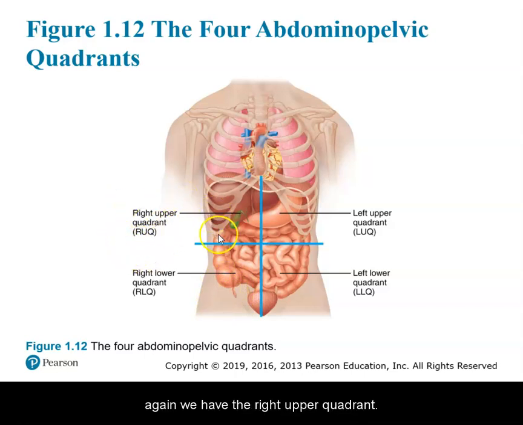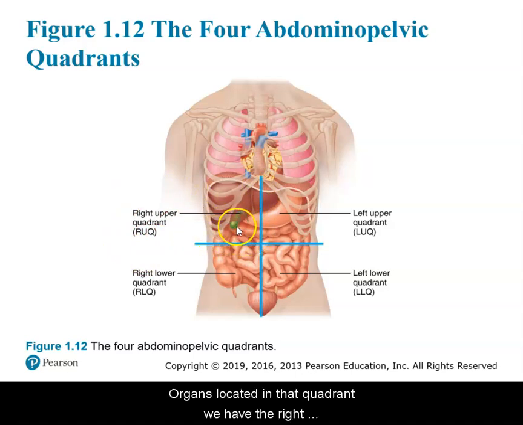Again, we have the right upper quadrant, and we can see different organs located in that quadrant: the right lobe of the liver, the gallbladder, parts of the large intestine, a little bit of the small intestine, and the distal portion of the stomach.